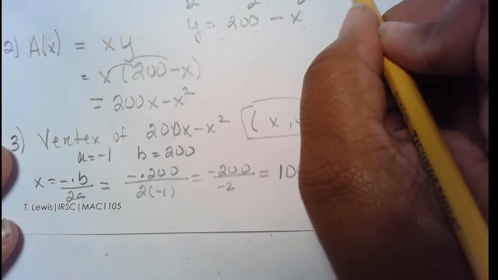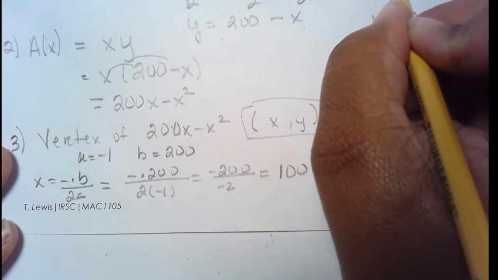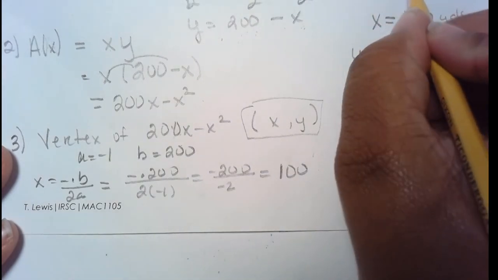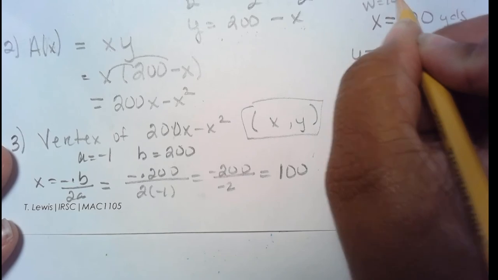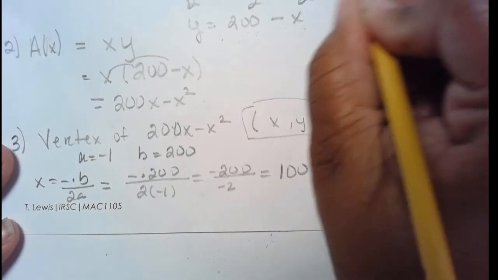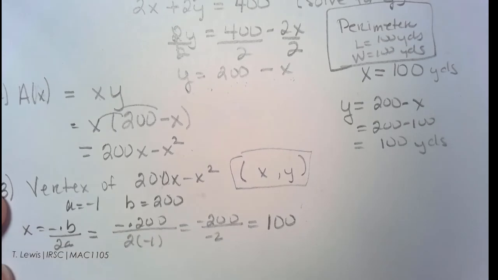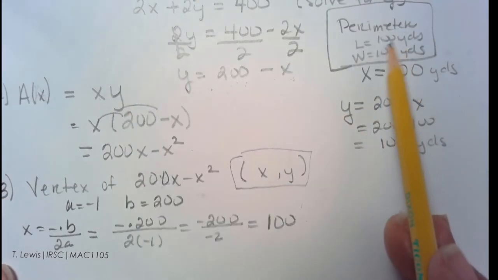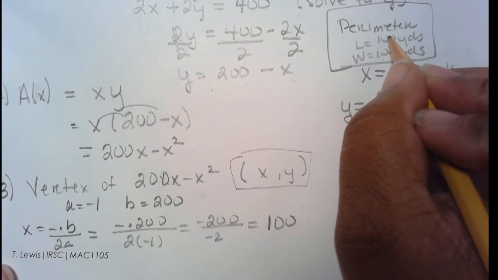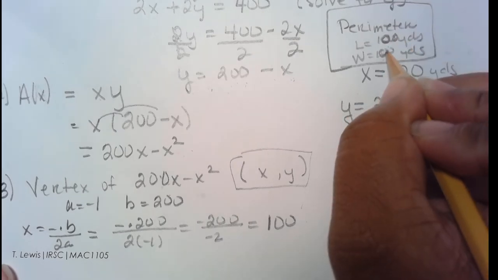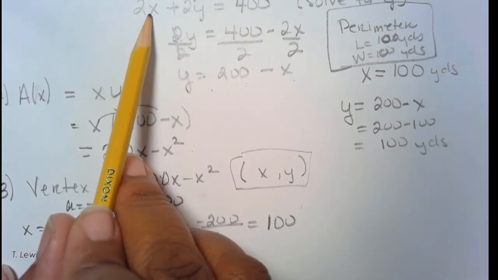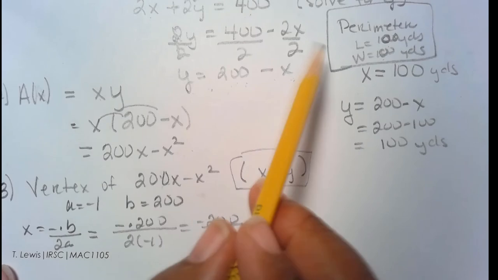So the length is 100 yards. The width is 100 yards. So we found the dimensions of the rectangle: 100 yards for the length and width. And if you go back and plug it into this formula here, 2 times 100 plus 2 times 100, that's going to give us 200 plus 200, that is 400. So we found the perimeter.